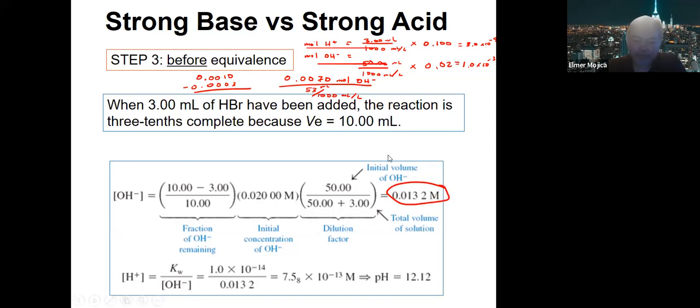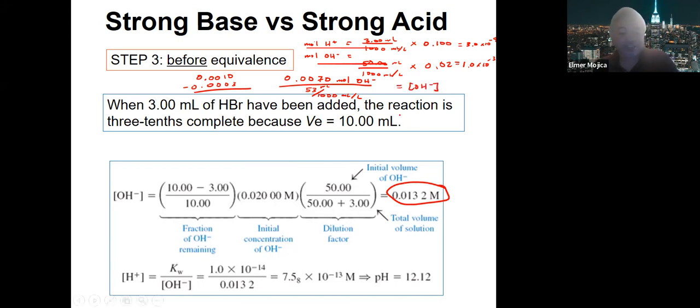Please check. So I told you, whatever way you're going to do, as long as you get the correct answer, it's fine with me. Now, remember, this is hydroxide because that's the one that is present in excess.